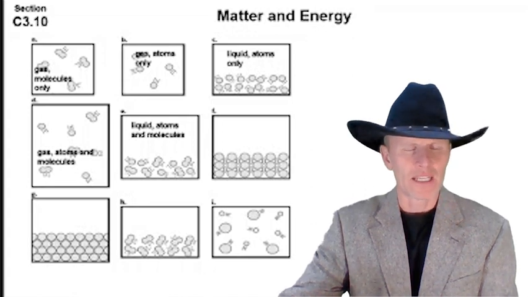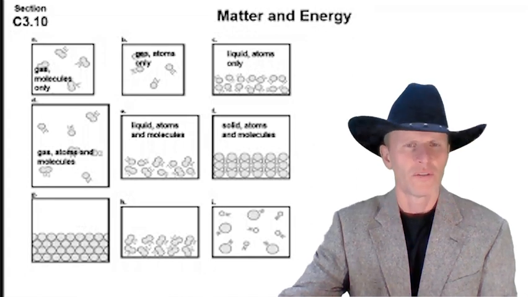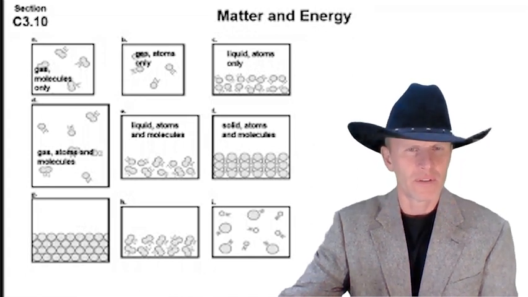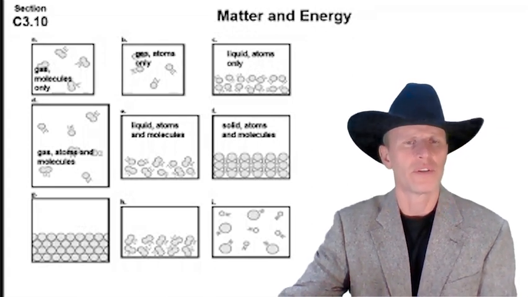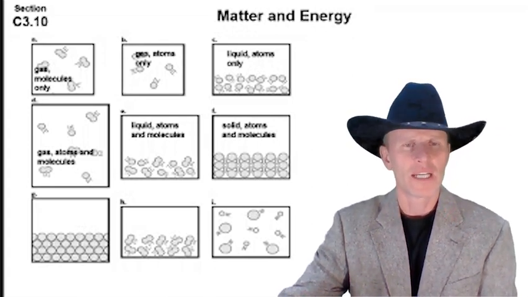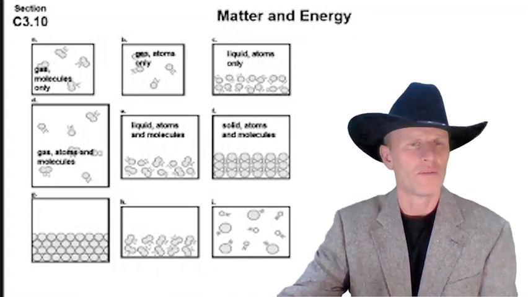Diagram F looks like a crystalline structure solid of just circles. So that would be atoms. Oh, is there molecules in there as well? Oh, there are. Little molecules are in there as well. So diagram F would be atoms and molecules in this solid form.